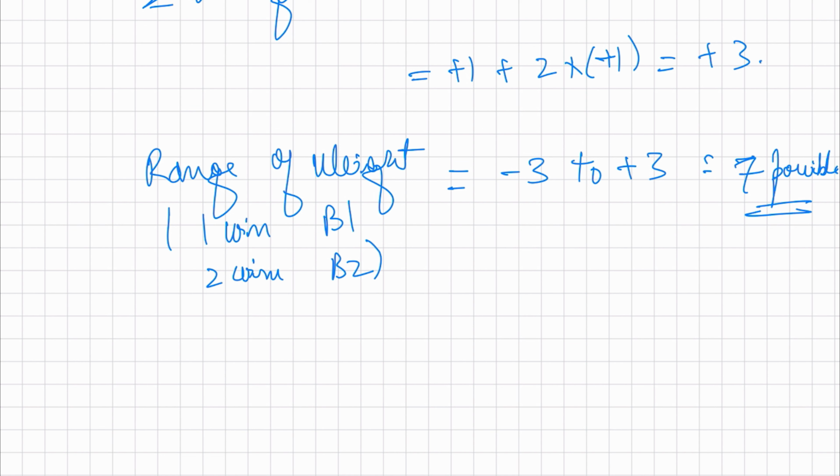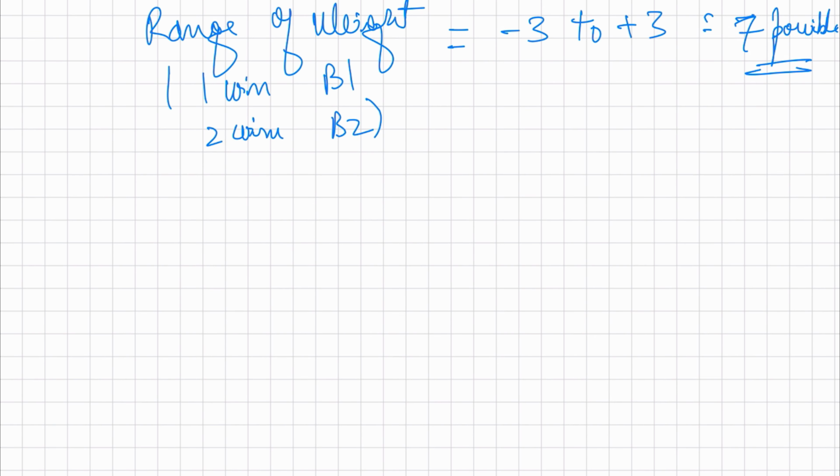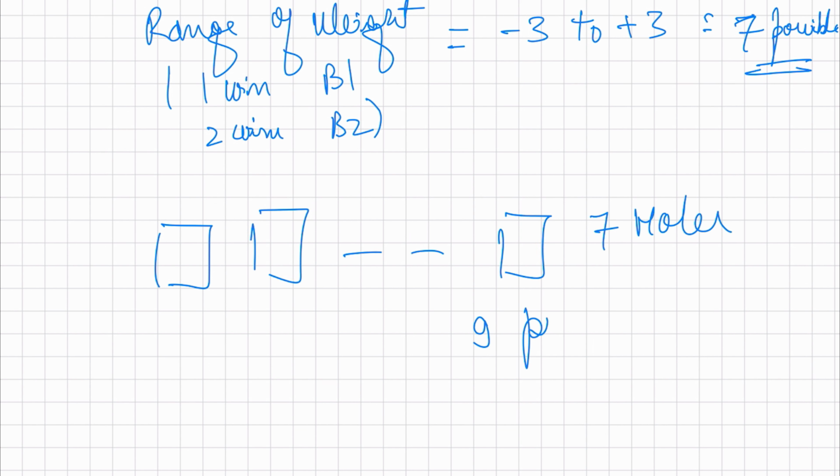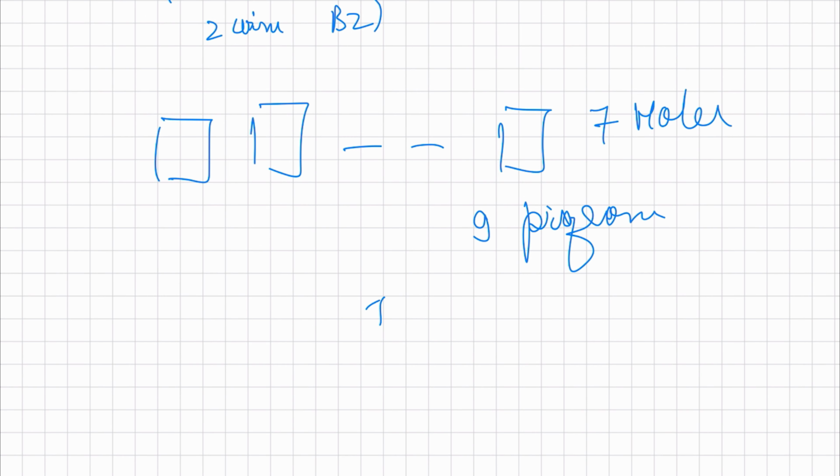Now you have to understand, you're trying to cover 7 possibilities, but you actually have 9 combinations, right? So this is like you have 7 holes, and there are 9 pigeons. As per the Pigeonhole Principle, T is 7, K is 1, and you have TK plus 2 pigeons.